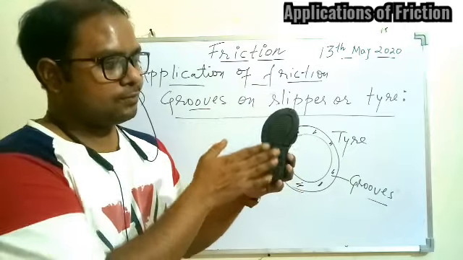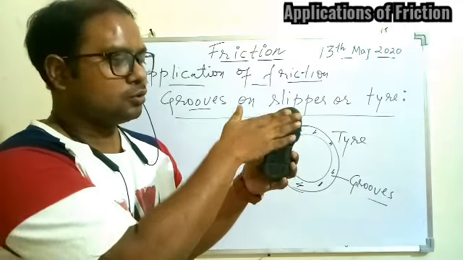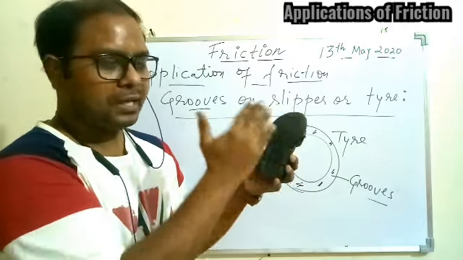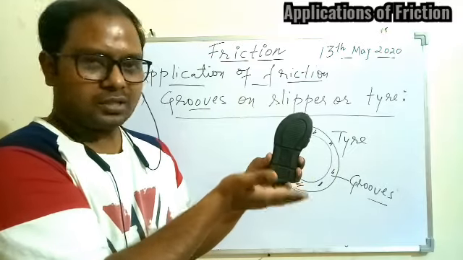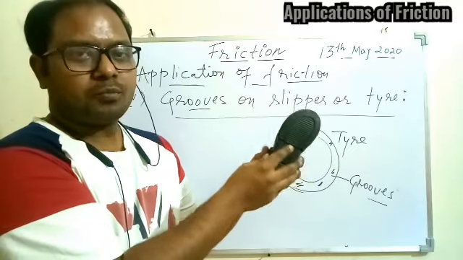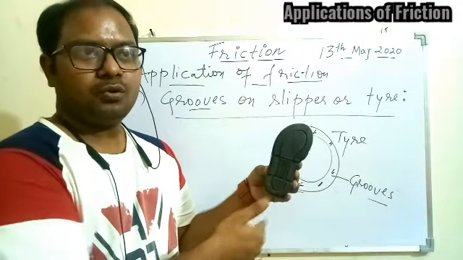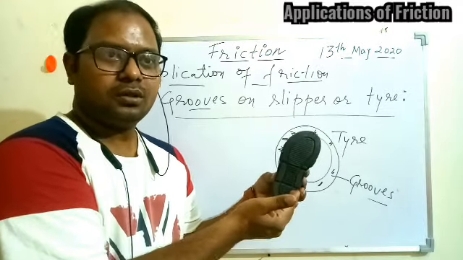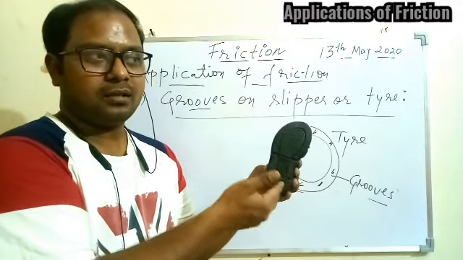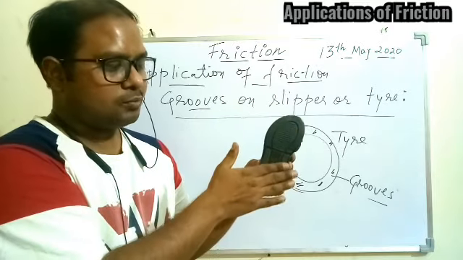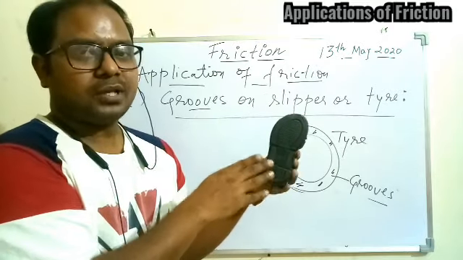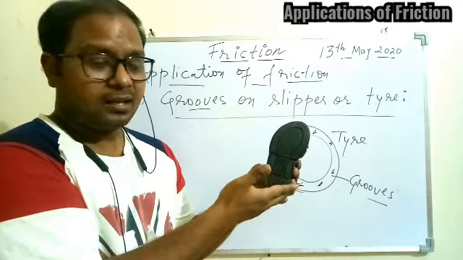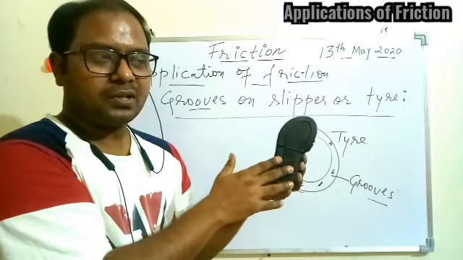So you understood, if more irregularities we have, more grooves we have, what will happen? It will have more interlocking with the surface on the ground, and then you are able to walk properly. So to walk on the ground, to run on the ground, or even the football player, if you see the kind of the shoes they have, at the bottom or the base they have lots of irregularities, the spike like, so that it can have proper gripping with the ground.